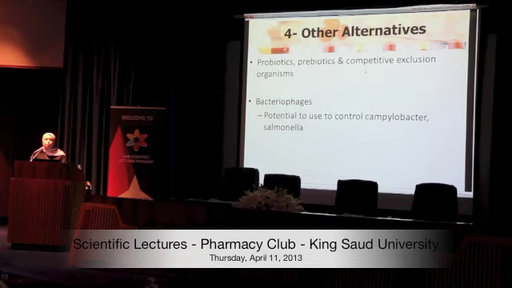Using broad-spectrum antibiotics in hospitals for a very long time, we developed what's called antibiotic-associated diarrhea. The only treatment for it is stopping the broad-spectrum antibiotic and using these friendly organisms.